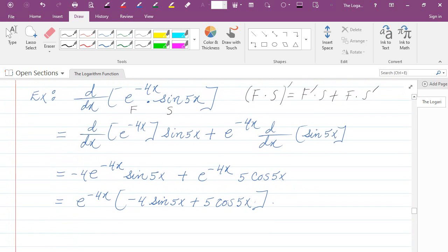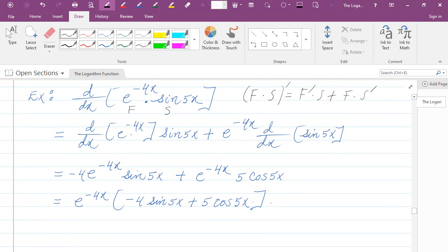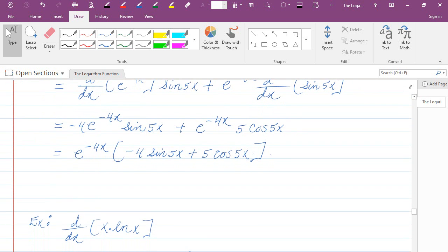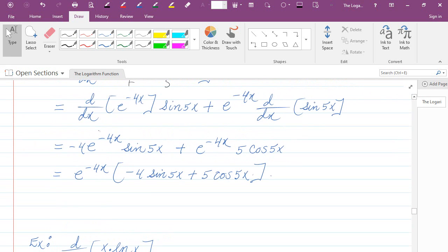So we get the derivative of e to the negative 4x times the second factor sine 5x, plus e to the negative 4x multiplied by the derivative of sine 5x. First, the derivative of e to the power negative 4x. What is that?